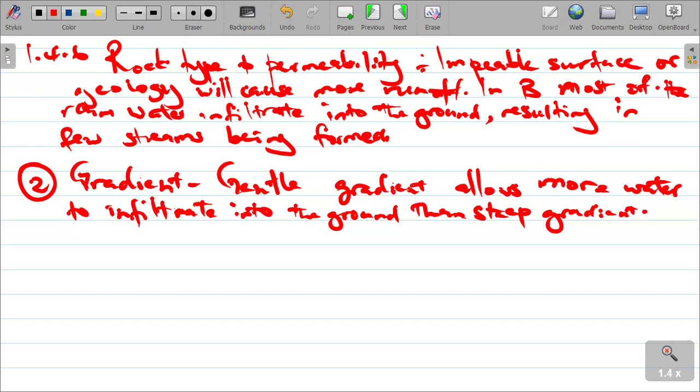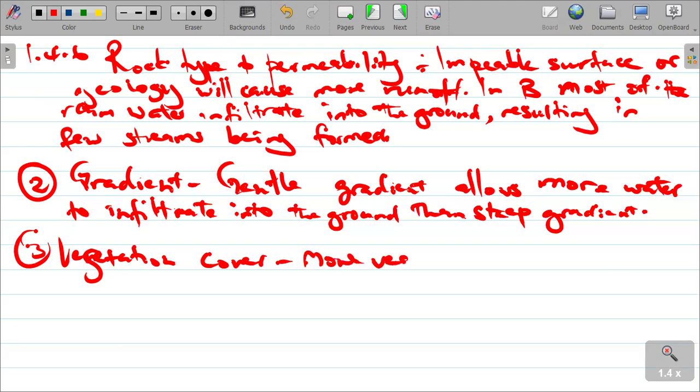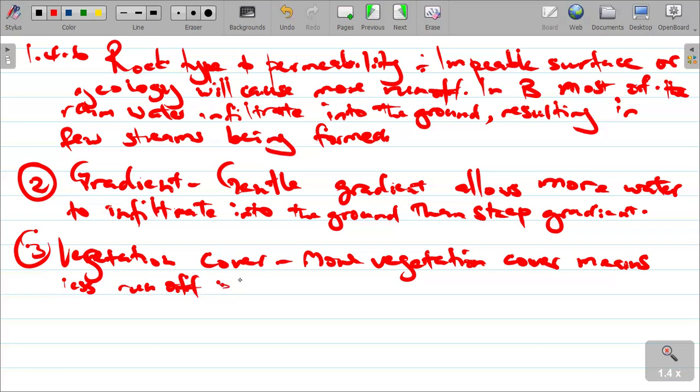And then we can talk about vegetation cover. More vegetation cover means less runoff and low drainage density.